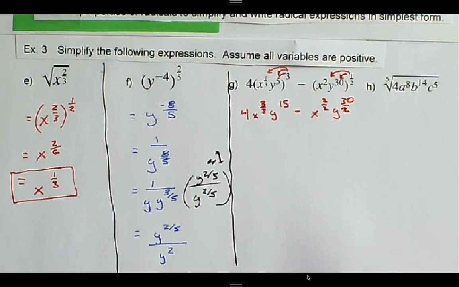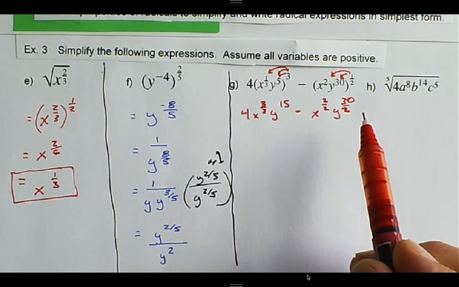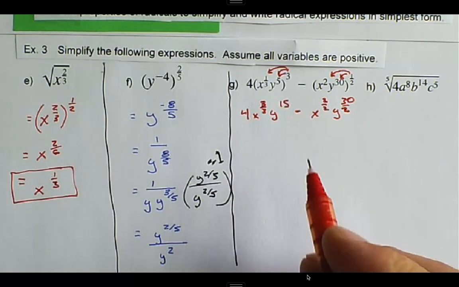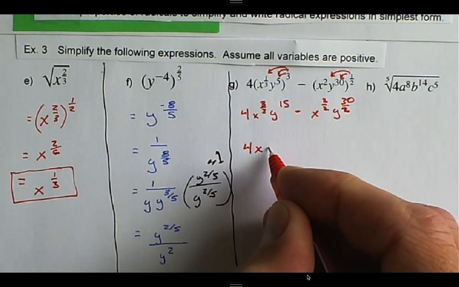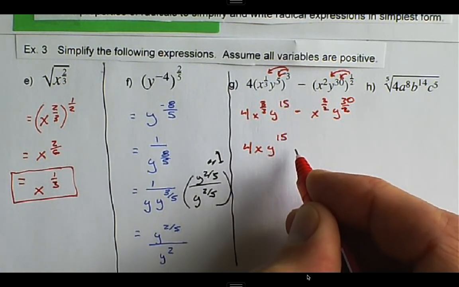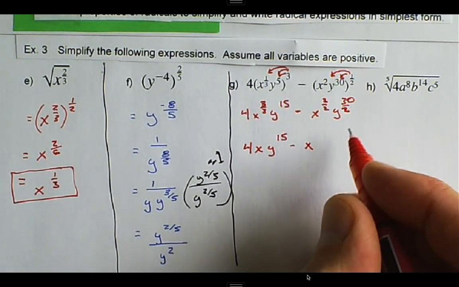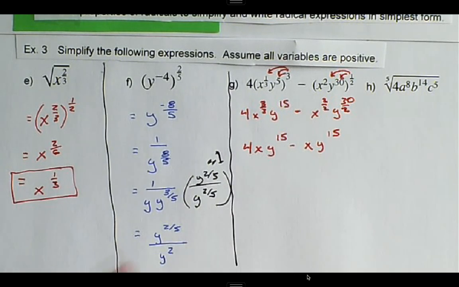All right. And then we can simplify our exponents here because we can reduce these fractions. And so we get 4 times x, y to the 15th, minus 2 divided by 2 is just x, and 30 divided by 2 is y to the 15th.